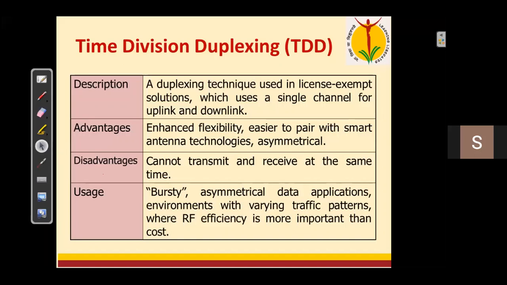We can't have the same frequencies for the uplink and the downlink. The disadvantage is the same: we cannot transmit and receive at the same time. Either we use it as a transmitter or as a receiver. So wherever there is burst data, or a lot of asymmetrical data application, if you want to transmit, you can use this time division duplexing.